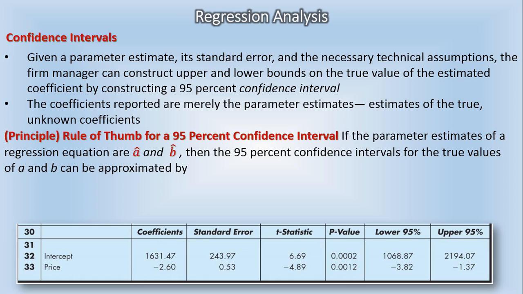So here is our rule of thumb for the 95% confidence interval. If the parameter estimates of a regression equation, let's say our A hat and B hat, which are these two here, so our intercept is our A hat, our price coefficient is our B hat, then the 95% confidence intervals for the true values of A and B can be approximated by, for A hat, plus or minus 2 times the standard error, which is represented by sigma, A hat subscript A hat.